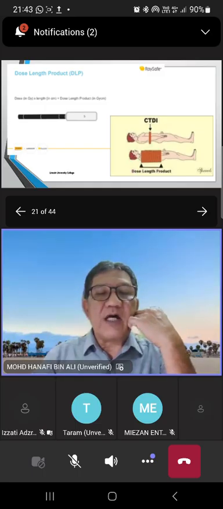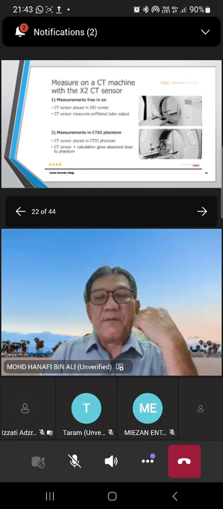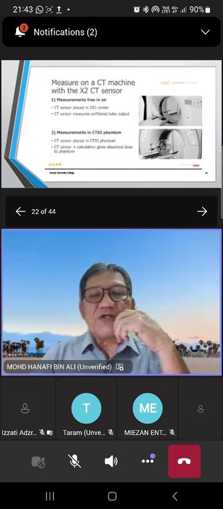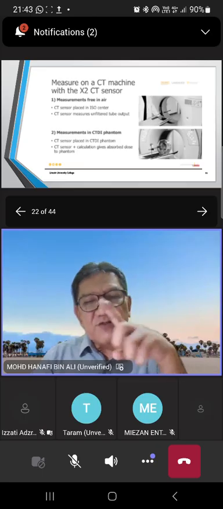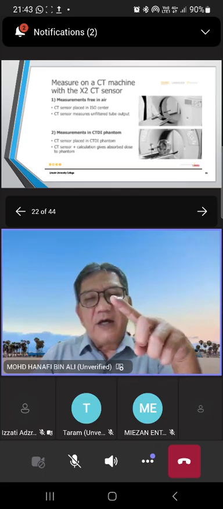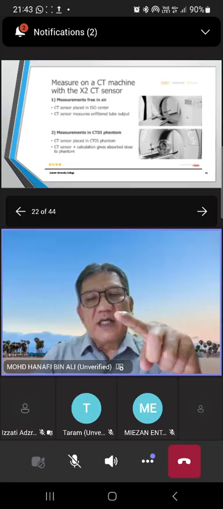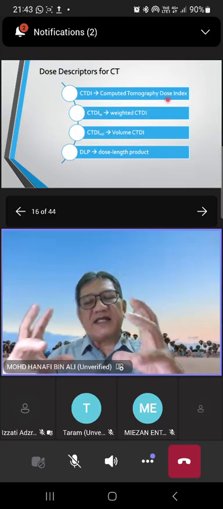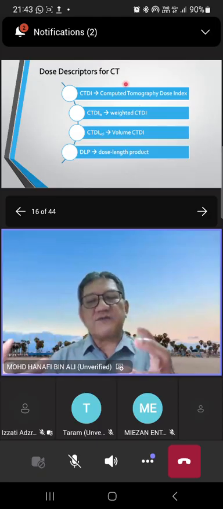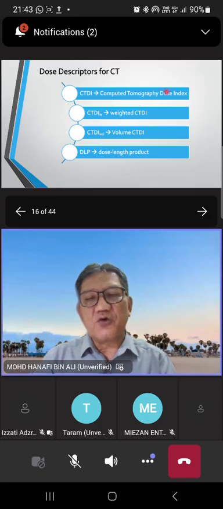We use an ionization chamber to measure that. This is the ionization chamber. This is the gantry, and we have a phantom there. Before I forget, we measure this dose with this phantom, just to know the characteristics of that CT scan, how much dose comes from that unit. So we measure this.